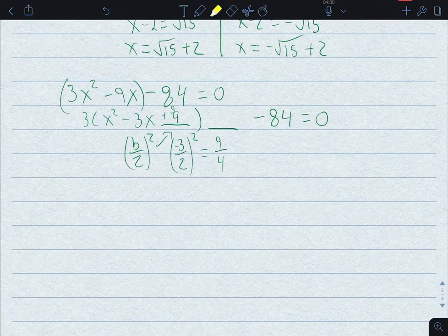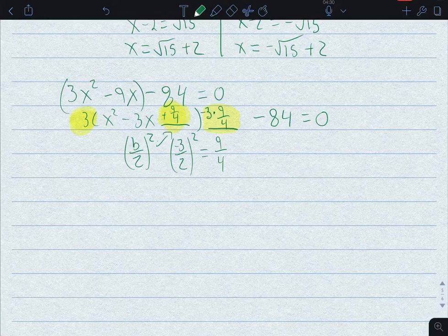Since now we have a 3 in front of this parentheses, I'm not only adding 9/4, but now I'm going to have to subtract 3 on the outside times 9/4 to balance it out.